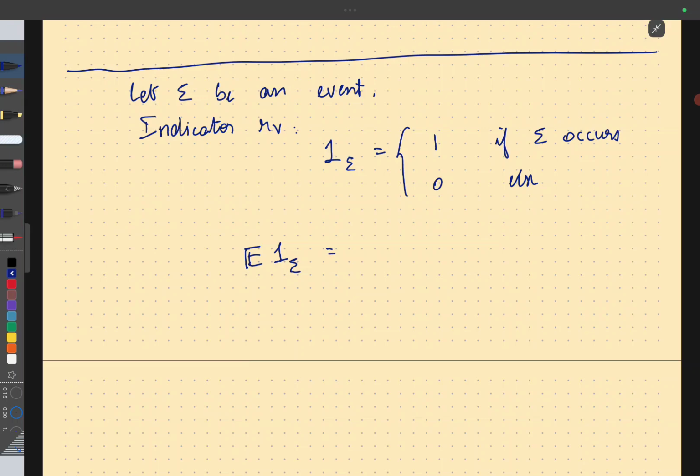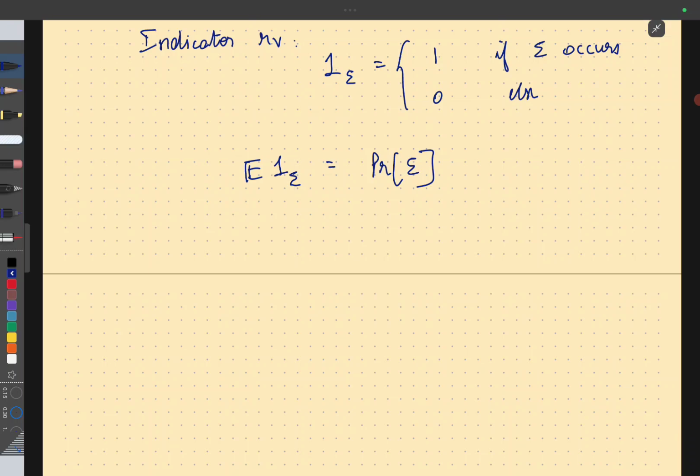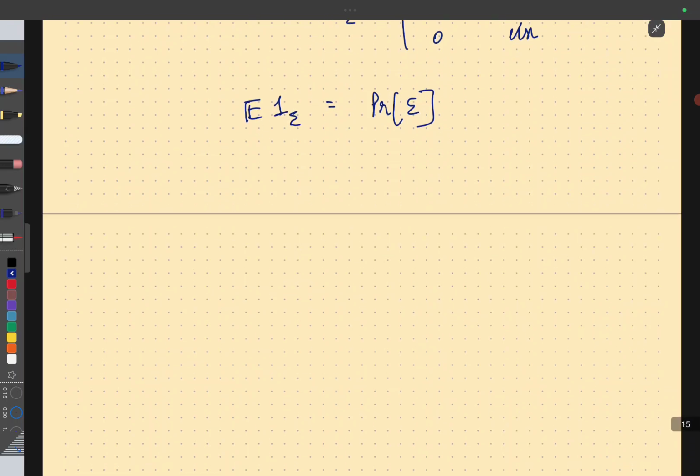So it's simply the probability of E times 1 plus the probability of E complement times 0, which is simply the probability of E. This is simply a Bernoulli random variable, yes, exactly. It seems very simple, and you're probably wondering why I'm even making this point. But let's see how this trick can be used.